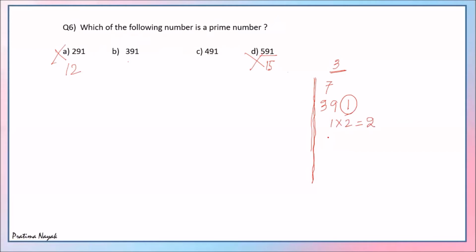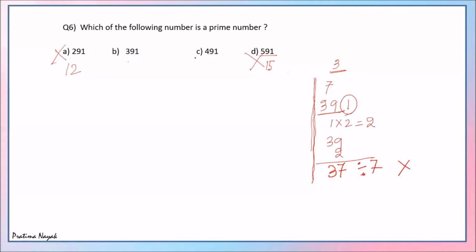Next, subtract this number from the rest of the number. The rest means 39 minus 2, this will be 37. See whether it is divisible by 7 or not. It is not divisible. So 391 is not divisible by 7.